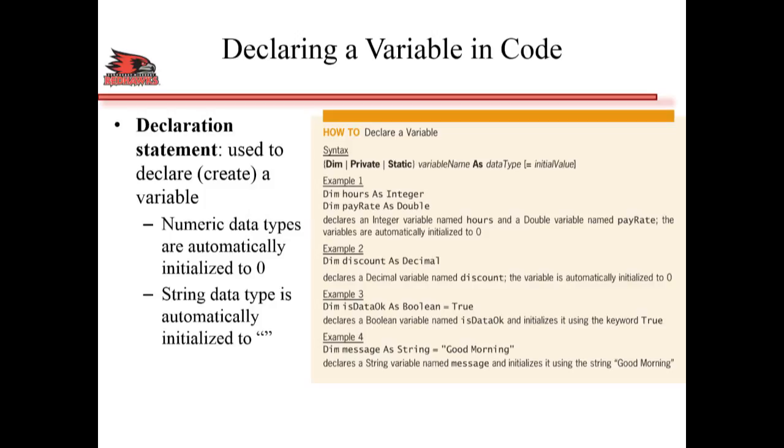Then we specify our variable name in camel casing, then As, and then our data type. Some examples are given, like Dim hours As Integer, or payRate As Double.